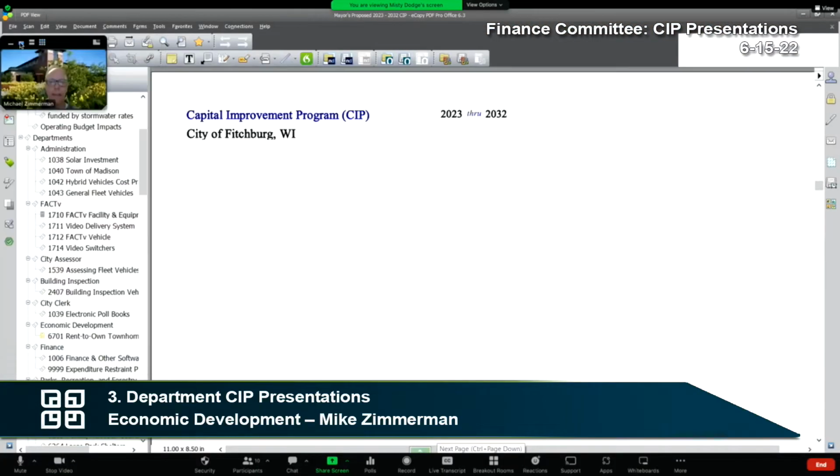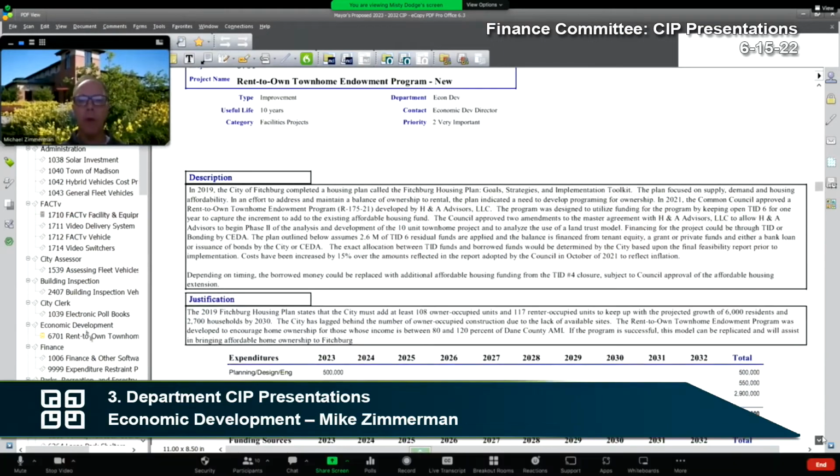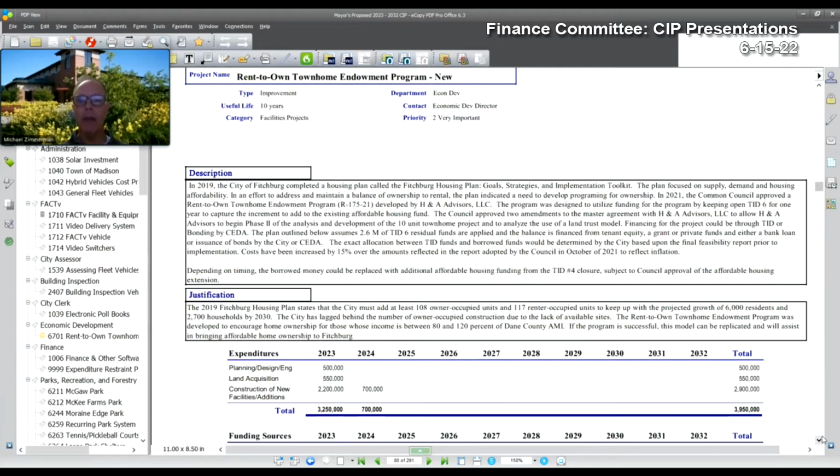Thank you, Chair Udell. This is our rent-to-own townhome endowment program project. You might remember the council approved the program in 2021 to look at a rent-to-own program that would be targeted towards folks that are at 80 to 120% of Dane County median income.